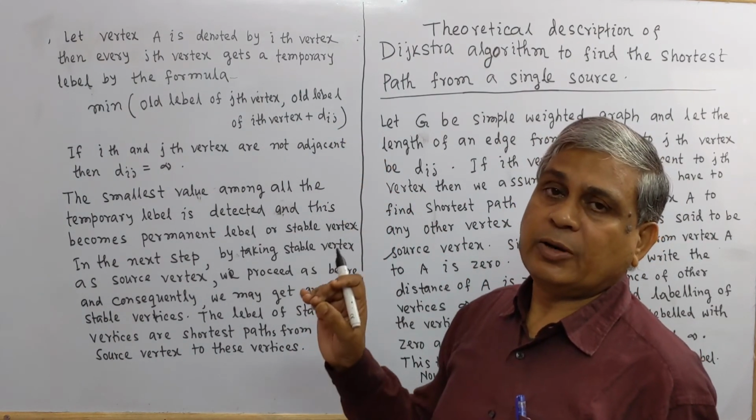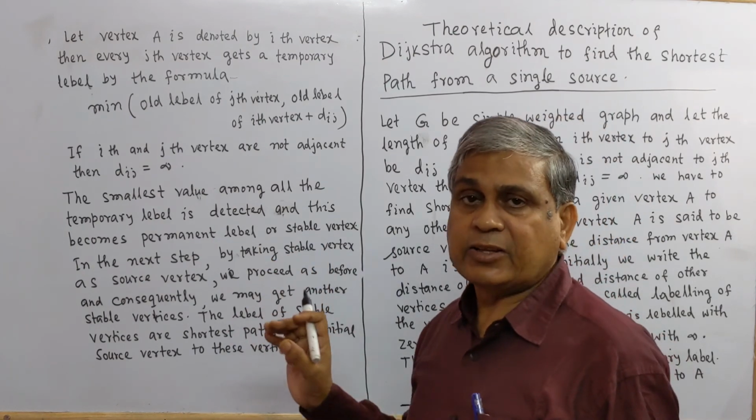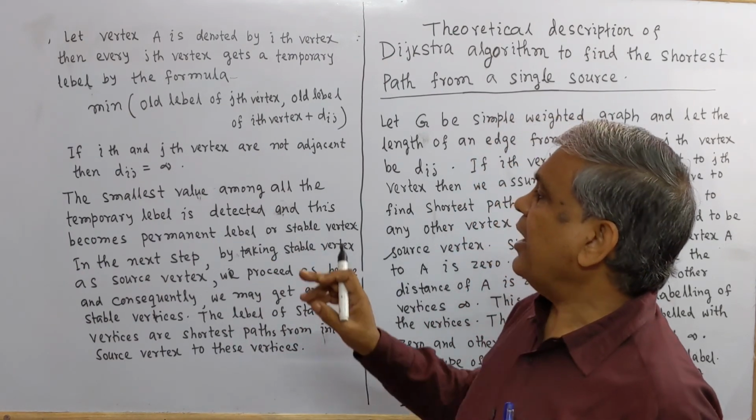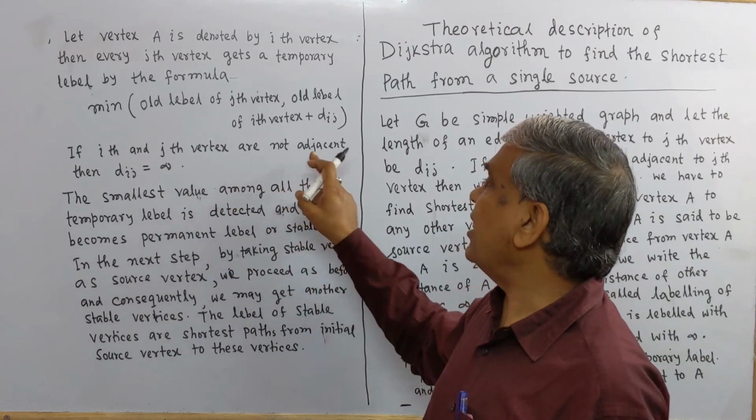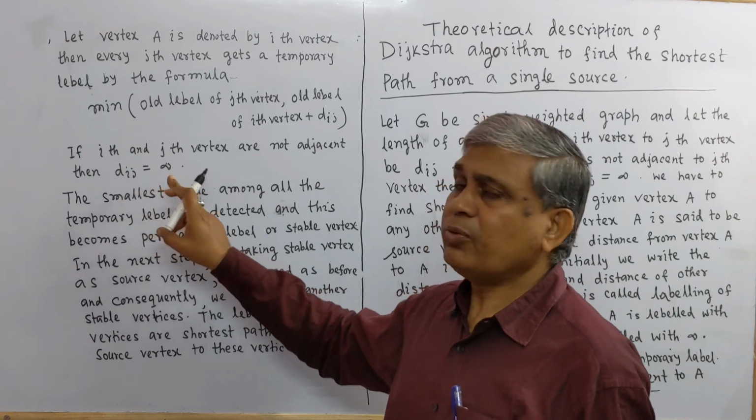This is the formula for labeling of the jth vertex. If the ith and jth vertices are not adjacent, then Dij equals infinity.